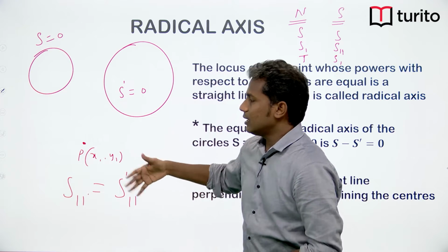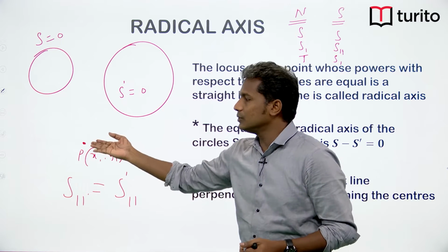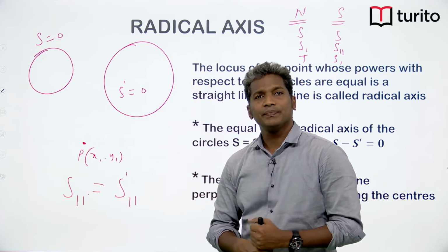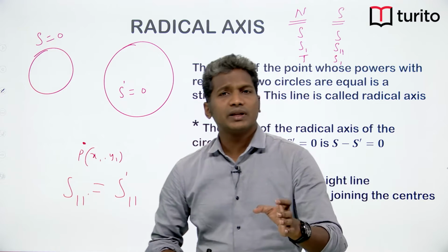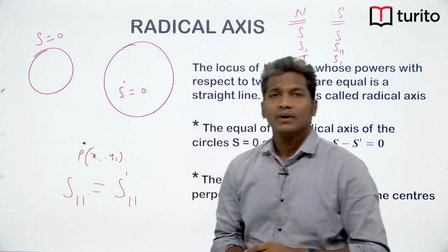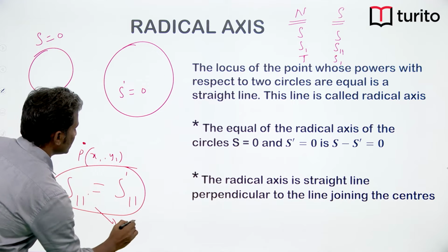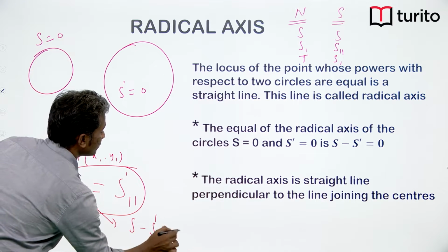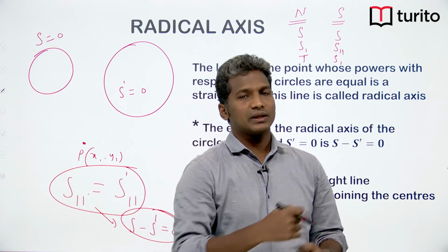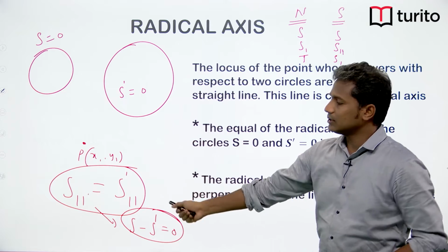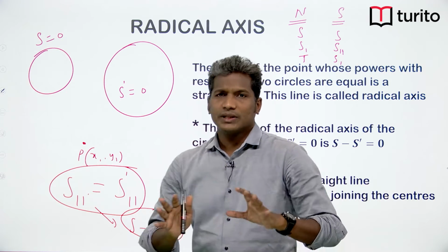Now, in the standard approach of finding locus, first we assume the locus point to be x1, y1, and then we apply the conditions, and at the end we replace x1 with x and y1 with y, which will make this equation into a new form, which is S minus S' equal to 0. So, basically here we are subtracting one circle from the other circle. This way we can get the radical axis of those two circles. I hope this is clear.